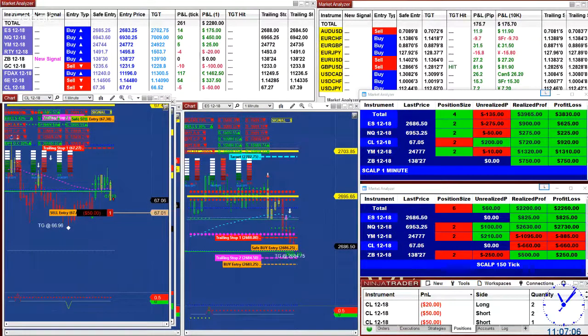So the whole idea is to spread out your account and take one contract on the ES, one contract Nasdaq, one contract Dow Jones. We have a new signal on the 30-year Treasury bond, it is a buy.